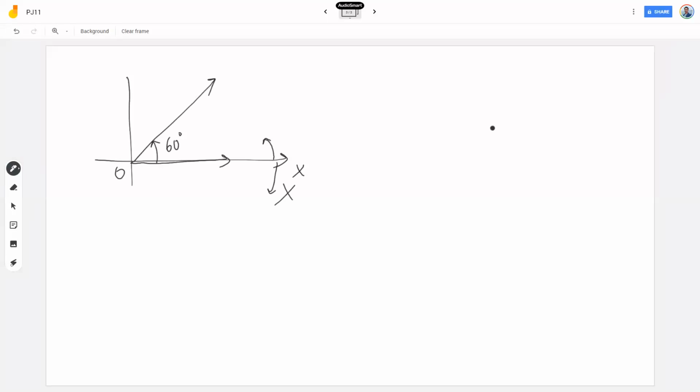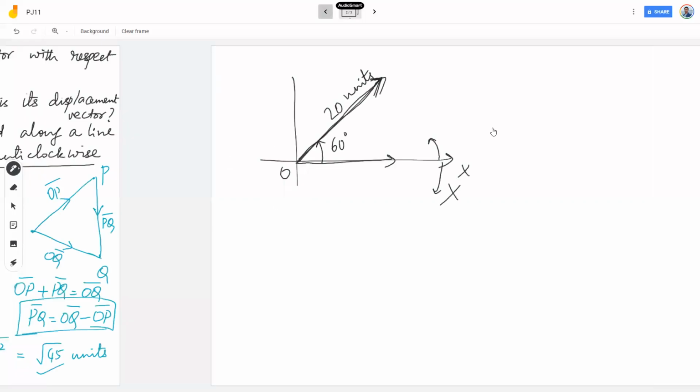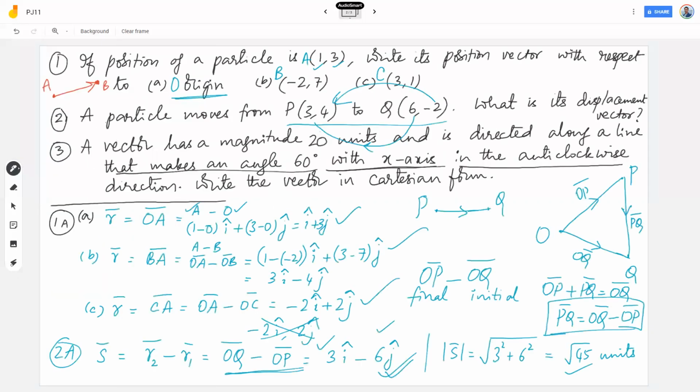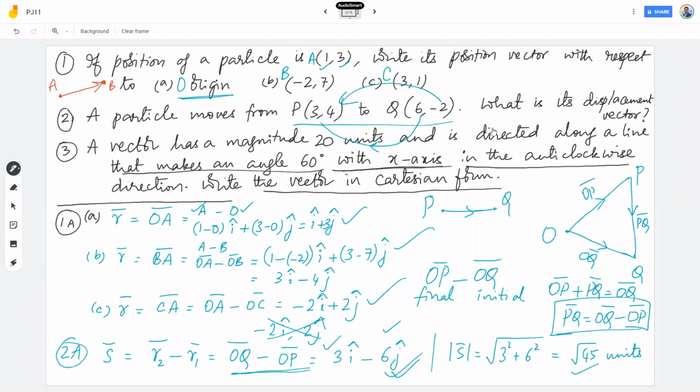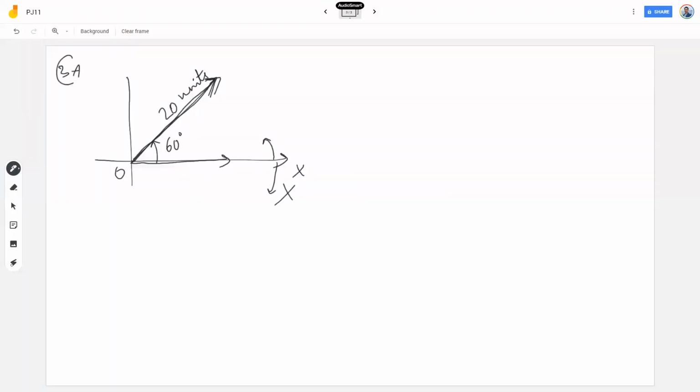This is 60 degree given. So this is the vector direction they are talking about. And the magnitude of this vector is 20 units. Now this is given in words. Whatever we drew here has been given in words. Now we are supposed to write that vector in Cartesian form. For Cartesian form, what are we supposed to do?